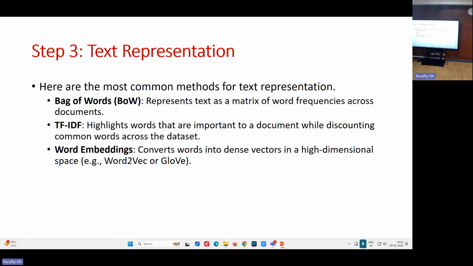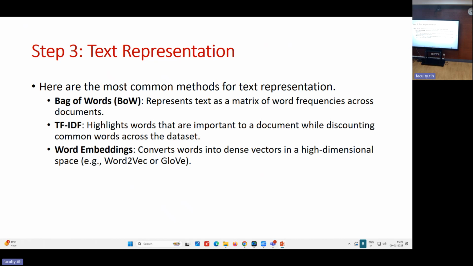If you write one in the matrix, then you are saying that it is present in that particular document, otherwise it is not present, right? So this is a very simple method to represent your textual data in matrix form.